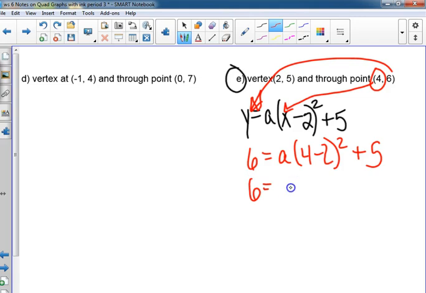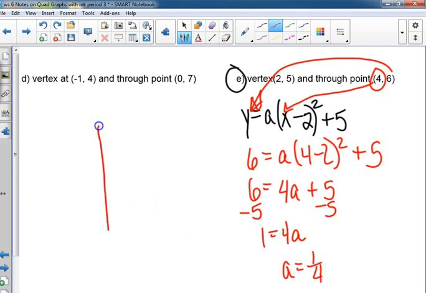Madison did that one, right? Okay, I liked how she rewrote it with that in front. So 4 minus 2 is 2, squared is 4, yes? Okay, so then subtracting, I got 1/4. Did anybody else get 1/4?